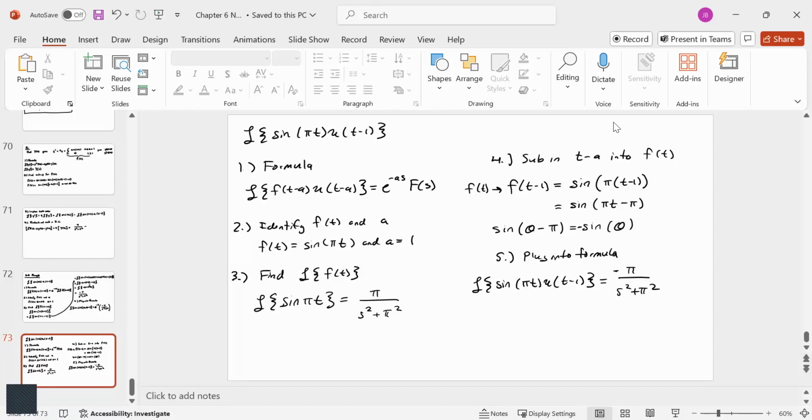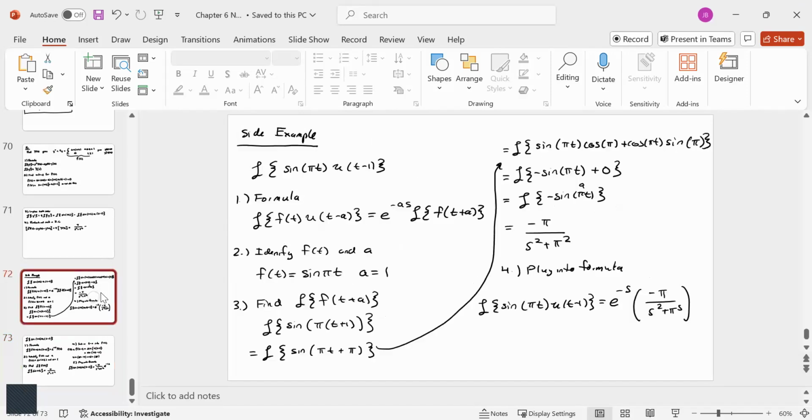Oh no, sorry, flip that around for a second. And then I forgot the e, so the negative a, which is 1 times s. And I believe that's good. Let me just double check. Nope, it was a negative sign. So we just put a negative here, and that matches what we had earlier.